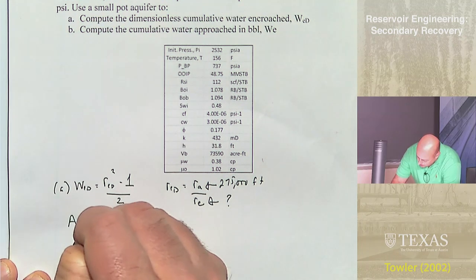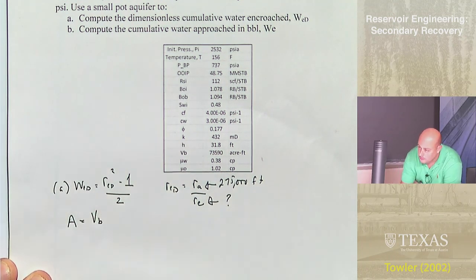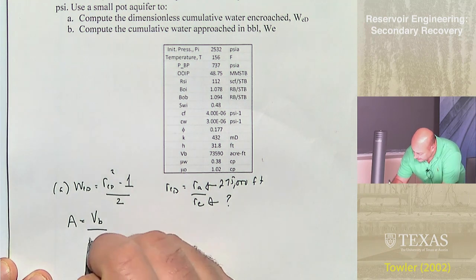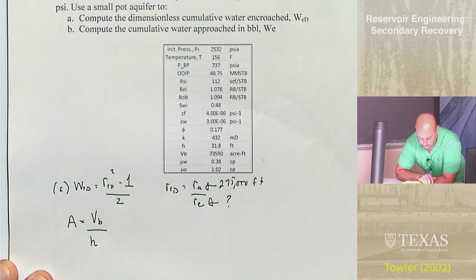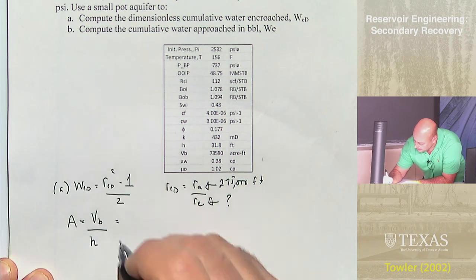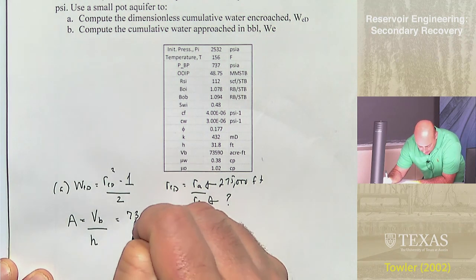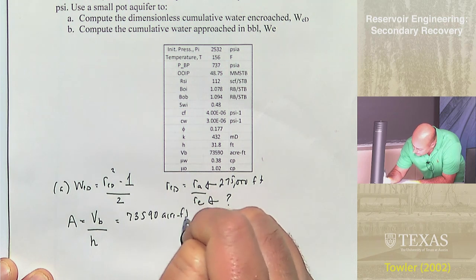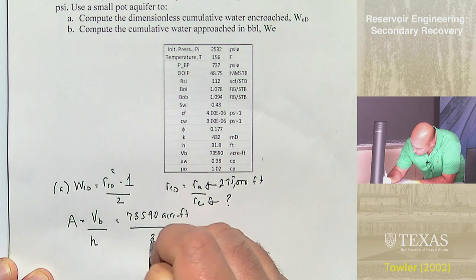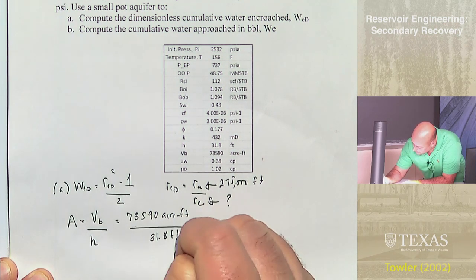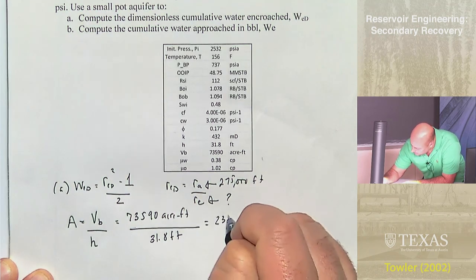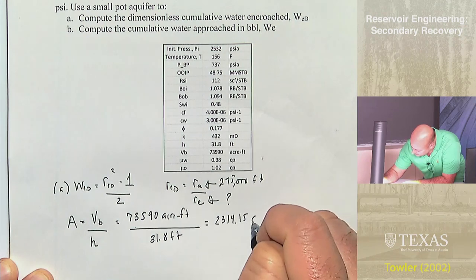So the area is the bulk volume of the reservoir, VB, divided by the thickness, H. Both of those are given in the table, so the bulk volume is 73,590 acre feet. The thickness is 31.8 feet. And if I divide those, I get 2314.15 acres.